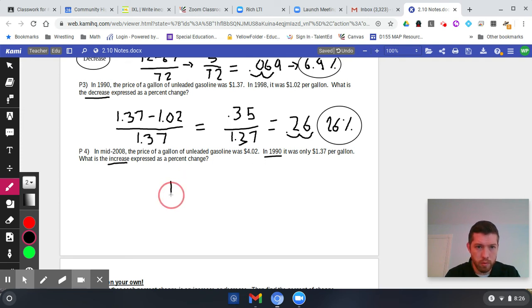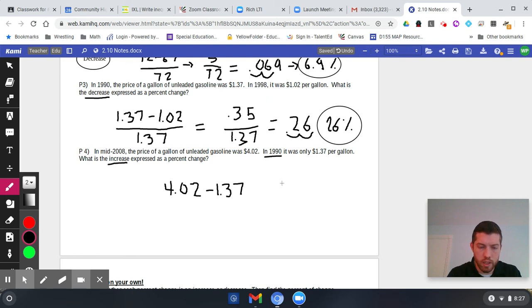So let's go 402. So we have to find the amount that it increased or decreased. Okay. So we go 402 minus $1.37.